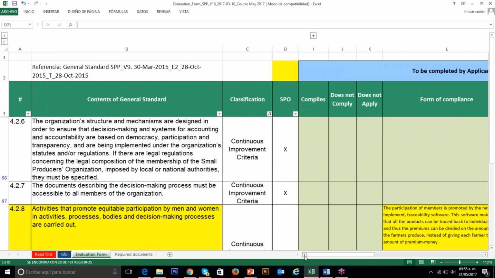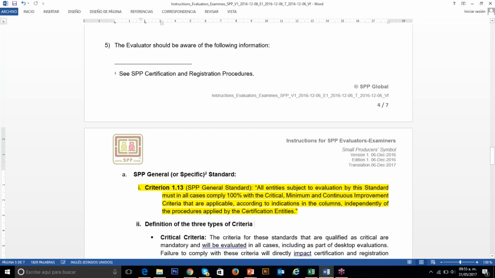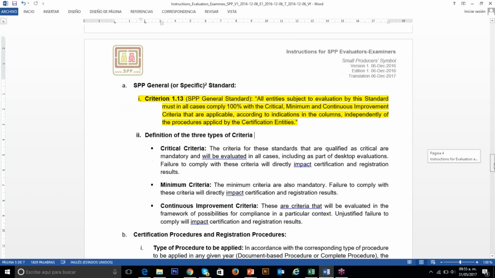In yellow, I have marked an example. But it is important that you remember the definitions of the different types of criteria.